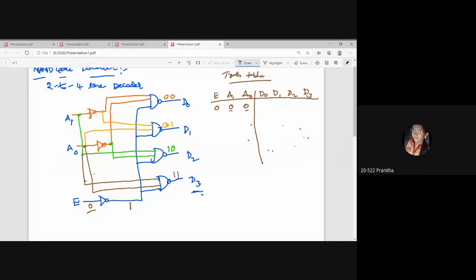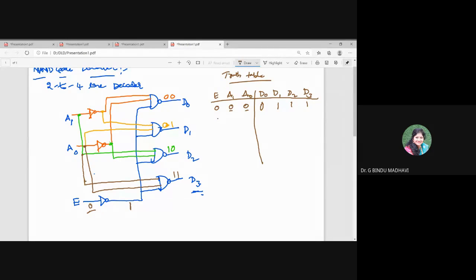Remember, here we are using NAND gates, so D0 will become 0 and all the others will be 1. For the AND gate, an active output is represented as 1, but for the NAND gate, an active output is represented as 0.